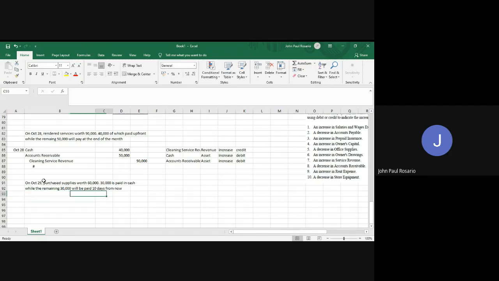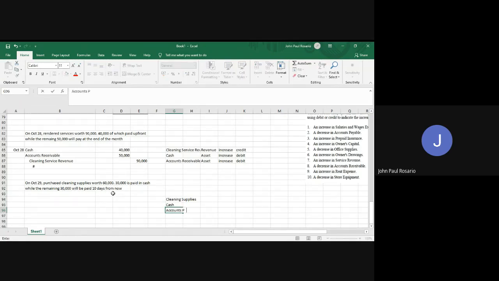Okay. So, which accounts are affected? Cleaning supplies, to be consistent. 30,000 is paid in cash, so cash is affected, and the remaining will be paid 10 days from now, meaning you incurred debt.